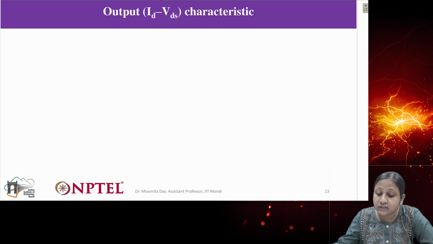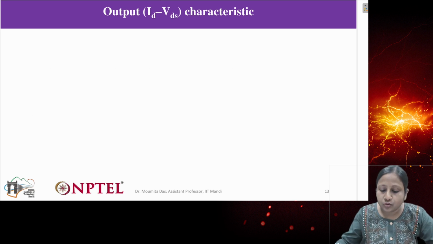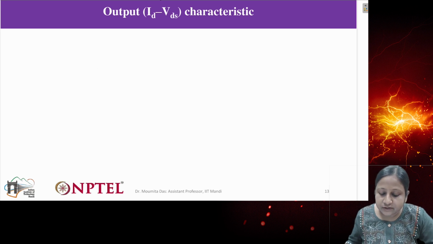So let's see how this characteristic looks. When we say output characteristics, basically ID versus VDS, as I told you in the previous slide, the gate-to-source voltage is kept constant.